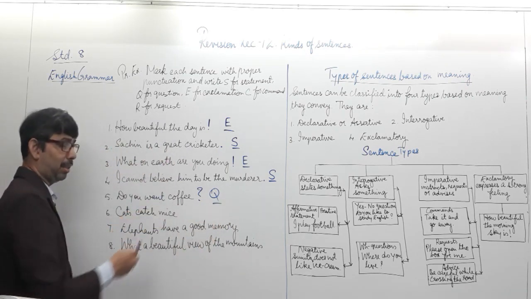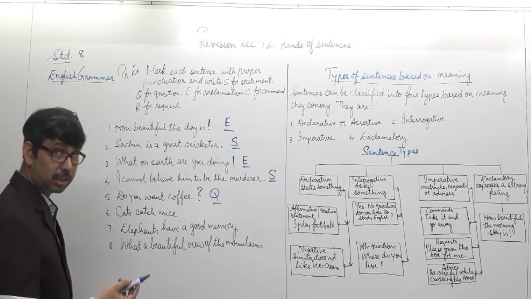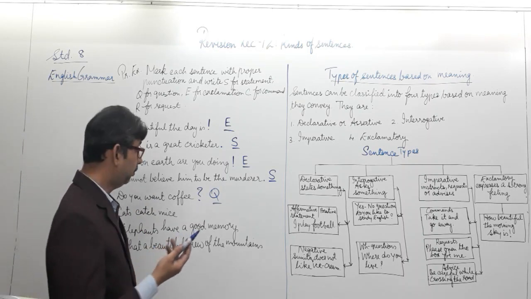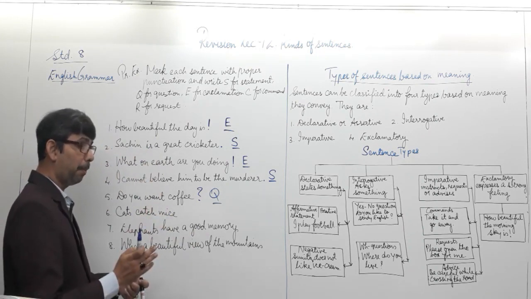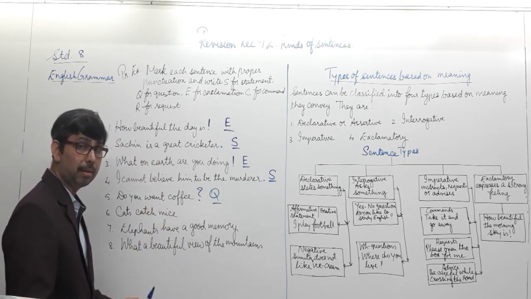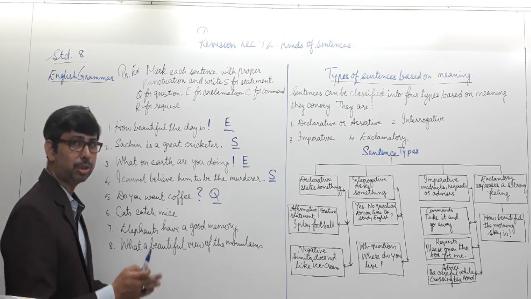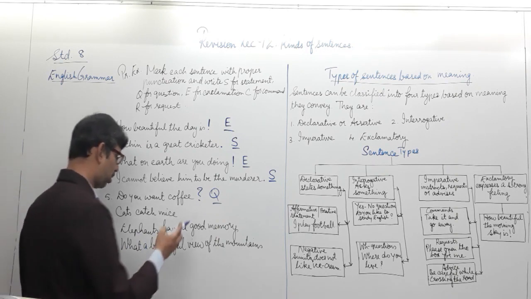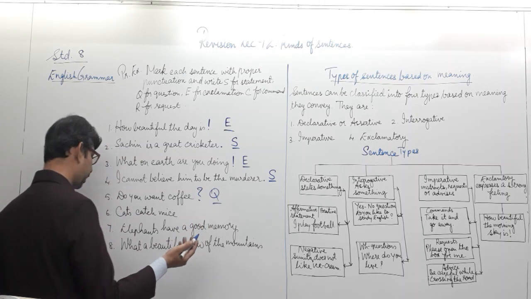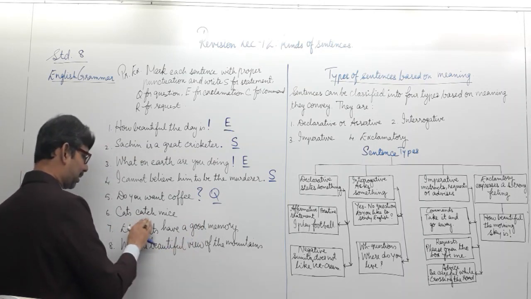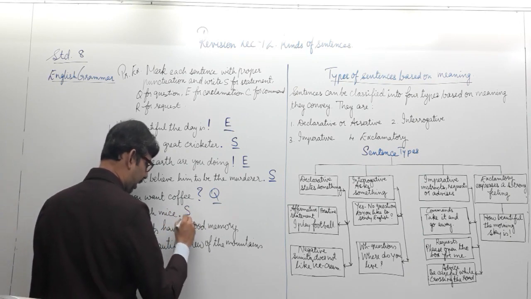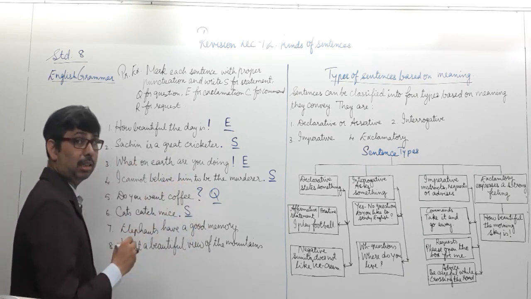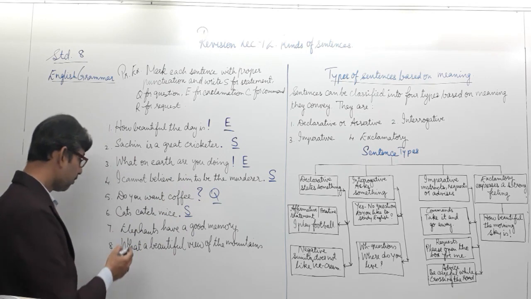Cats catch mice. Are we instructing something? Are we commanding someone? What are we doing in this sentence? Well, we are simply passing a statement saying that cats catch mice. It is their nature. So we are just making a simple statement. Hence, only a full stop is required. Therefore, we will say it is a statement and nothing else.